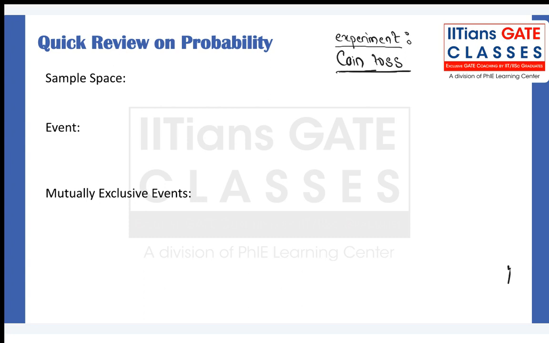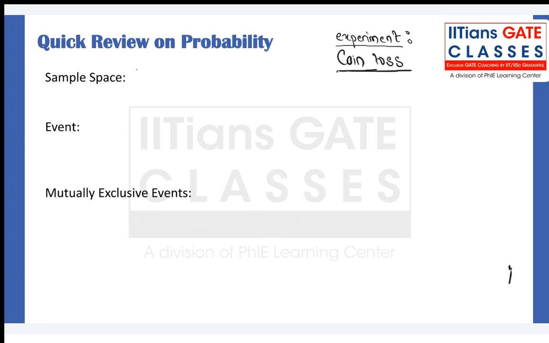So a sample space is the set of all possible outcomes. Correct? Set of all possible outcomes. What is the sample space for the given experiment?